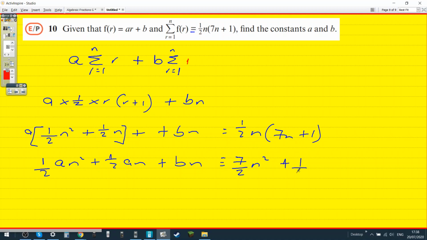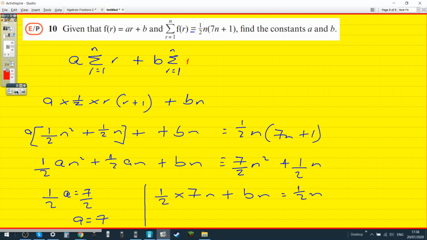Plus a half n. So then you know that half a is equal to 7 over 2. So a is equal to 7. And then half a plus b is equal to half, and a is equal to 7, so 7 over 2 plus b is equal to half.